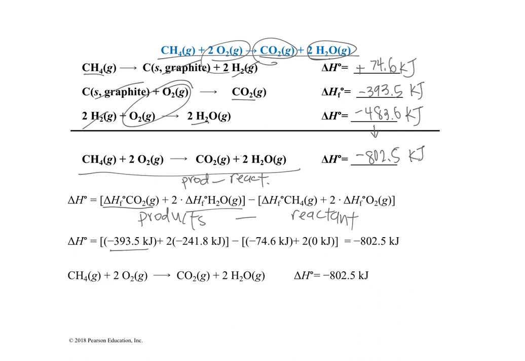We're actually able to look those values up in tables, which is really nice. So I do products minus reactants, and I get the same number. How cool that they end up being the same value, doing it in a different process.